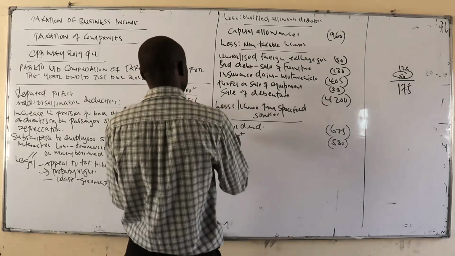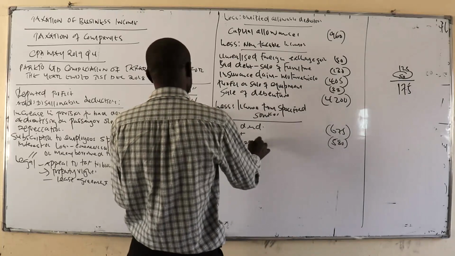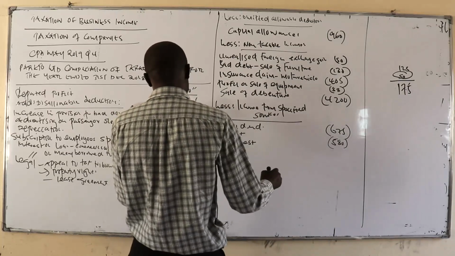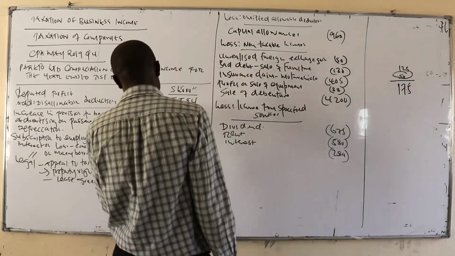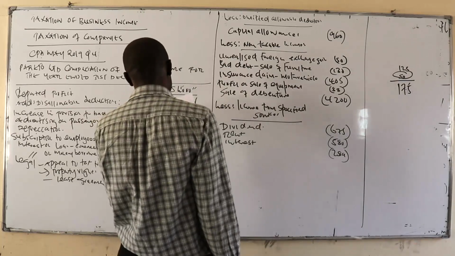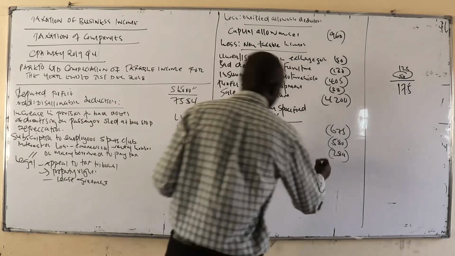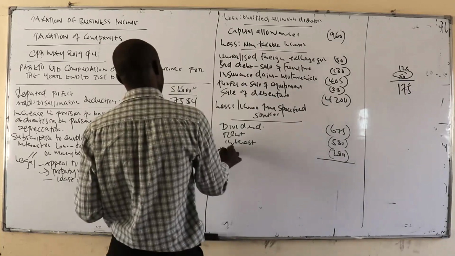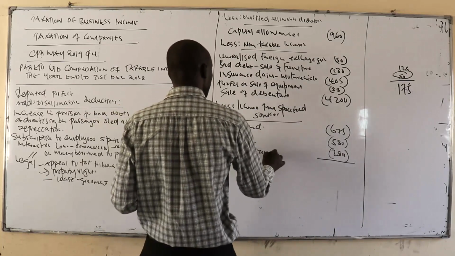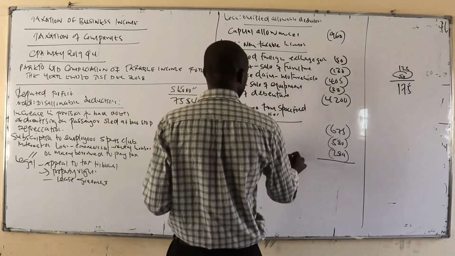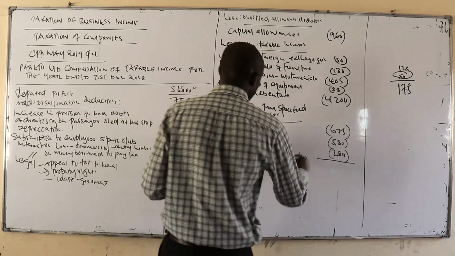And then interest income, you deduct this one. Interest income, how much is it? 289. And then here you get what you call the adjusted taxable profit or loss.